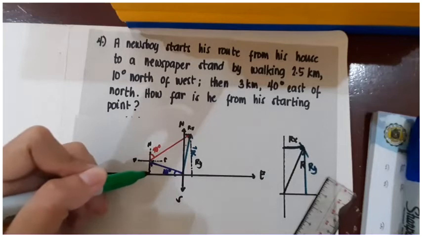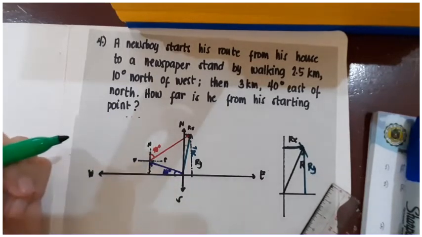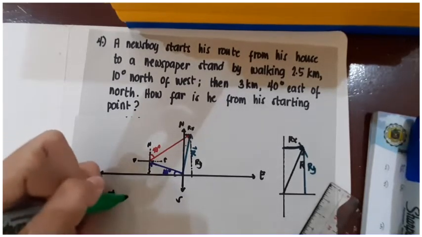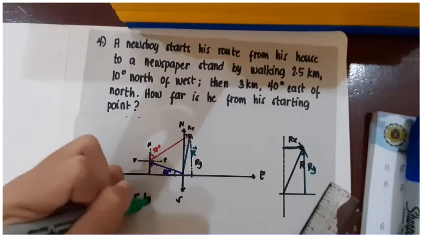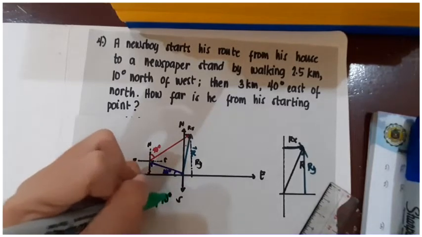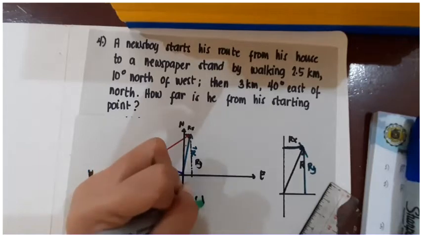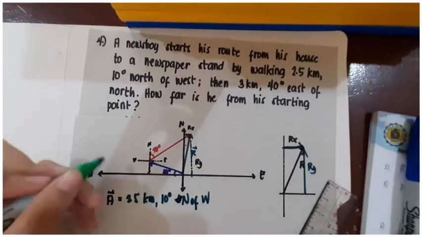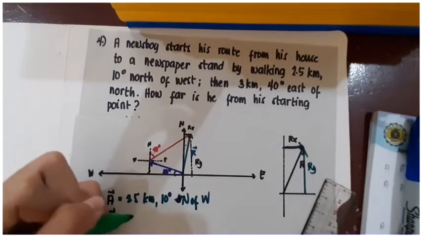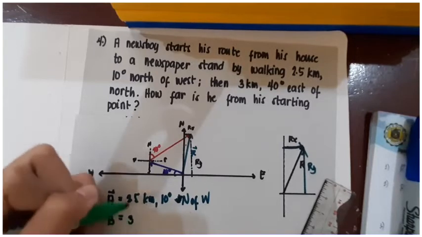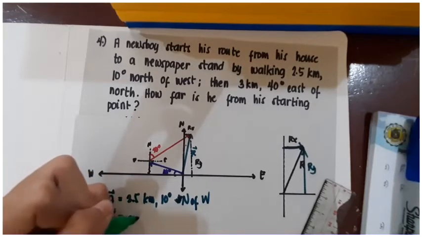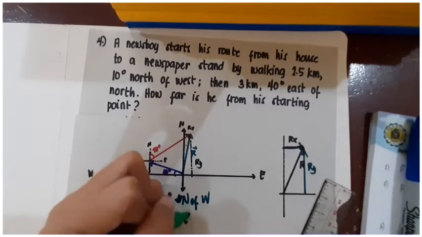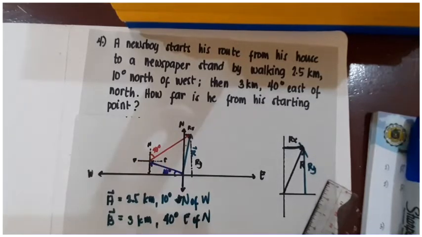Okay, so how? We have here, let's say, your vector A is equal to this 2.5 km 10 degrees north of west. And then your vector B is 3 kilometers 40 degrees east of north. Okay.